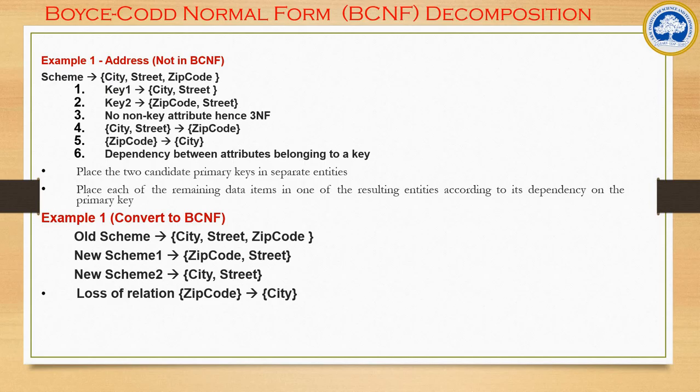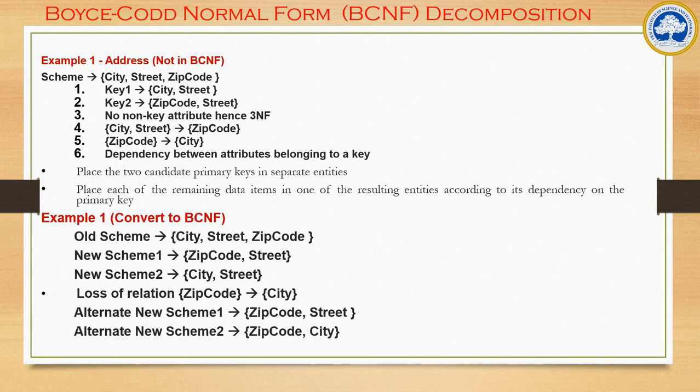So how can we resolve this problem? We have to divide like this: zip code and street, and zip code and city. Now street is dependent on zip code, as well as city is also dependent on zip code. If we divide like this, we avoid the loss of relations.